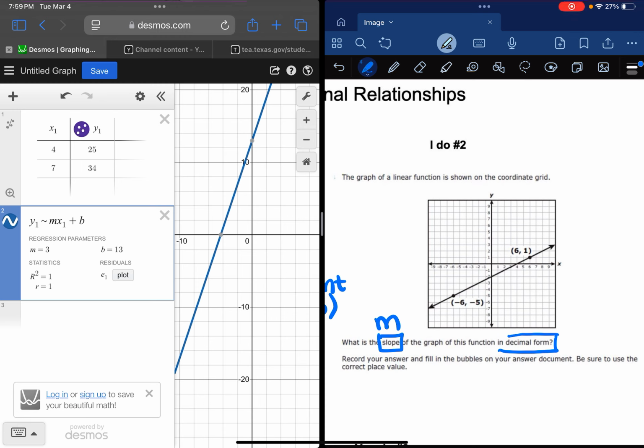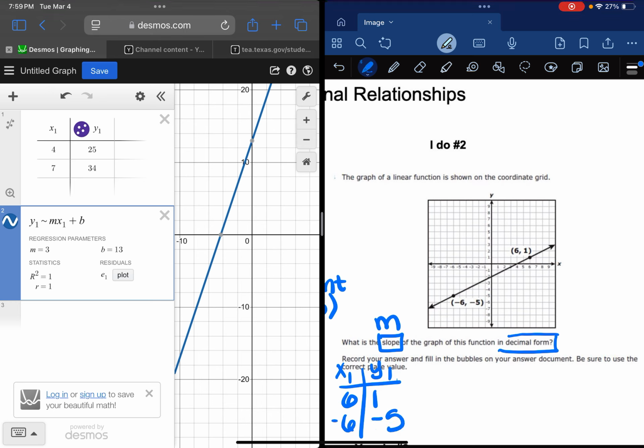They're given to us. So my first step here is going to be to create a table, just like we did on the I do number 1. I'm going to plug in my coordinates. It does not matter which order I go in or which one I put first.